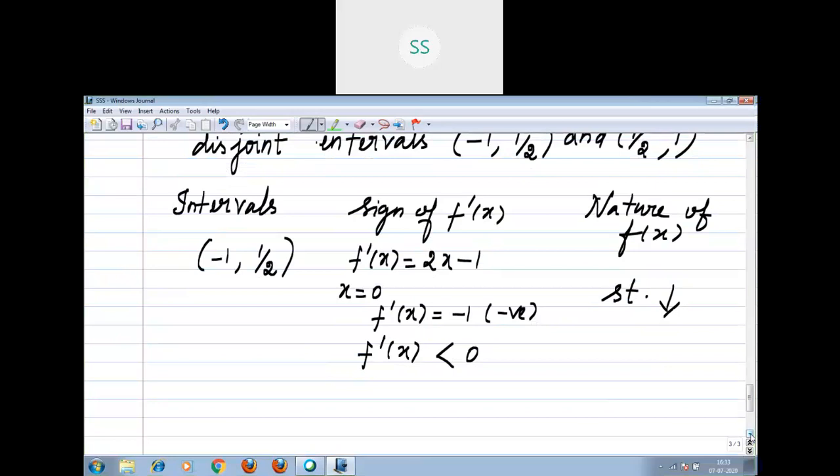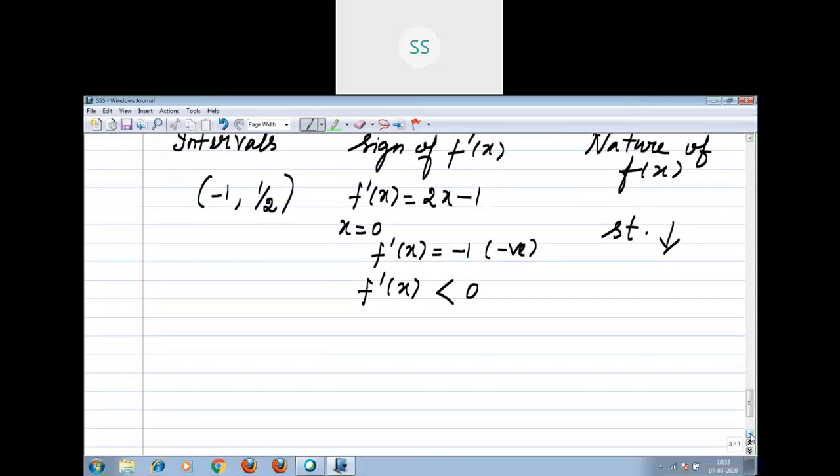Now we'll pass on to the next interval, 1 by 2 comma 1. Here you can assign the value as 3 by 4. That is possible, right? You can take decimal also, nothing is wrong. Here x is equal to 3 by 4 for your understanding purpose.